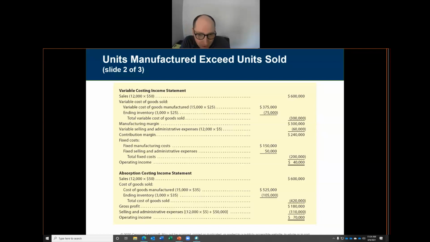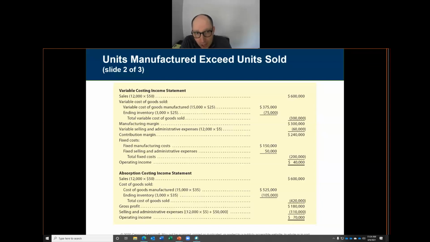We have fixed selling and administrative expenses, 50,000, giving me a total fixed cost of 200,000. I take my contribution margin minus my total fixed costs equals operating income. In this case, 40,000. Okay.